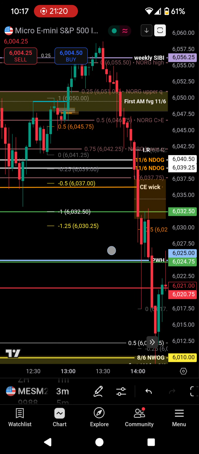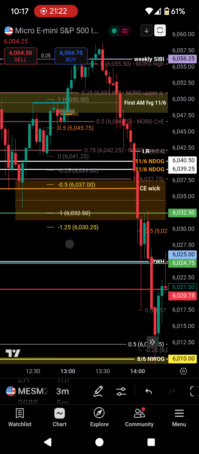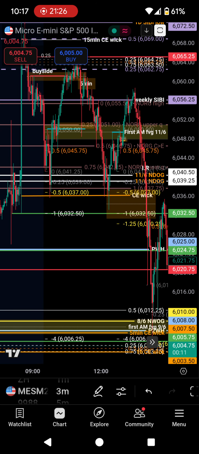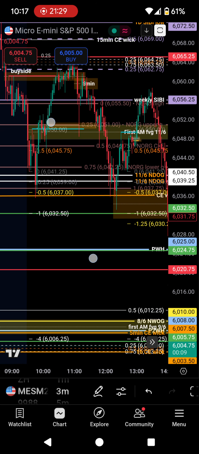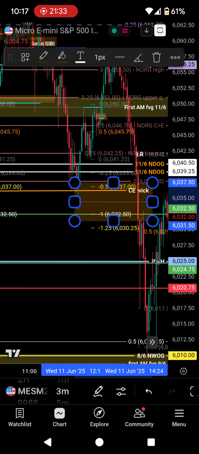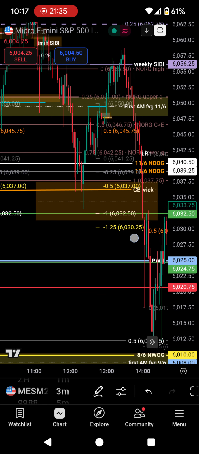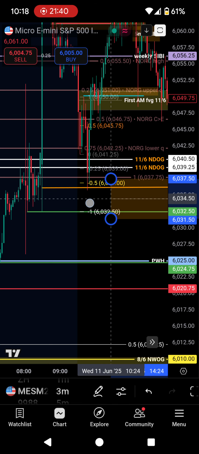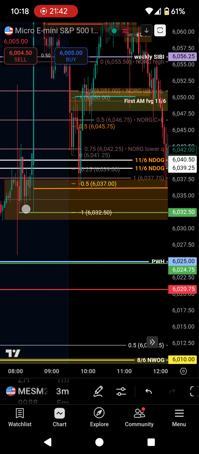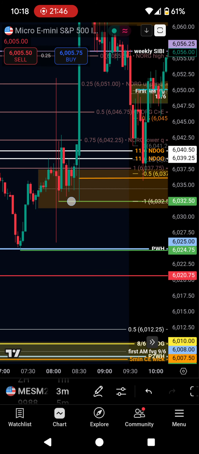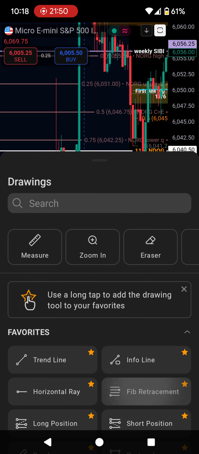So we gotta look to the left. If you look to the left, we displace, but when you look to the left, what do you see? Because when I look to the left, I'm seeing this CE wick that dealt the damage and held as support. So this CE wick is very important.